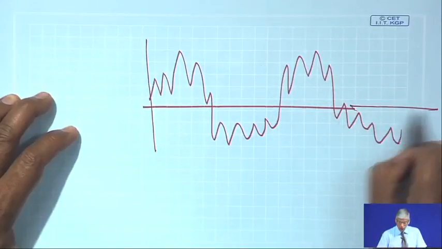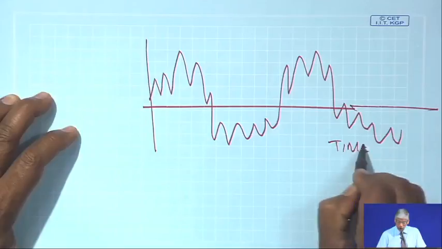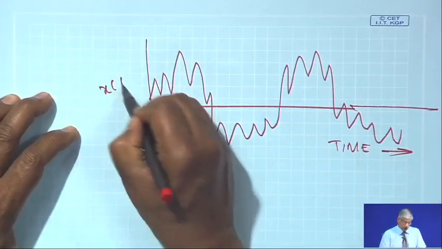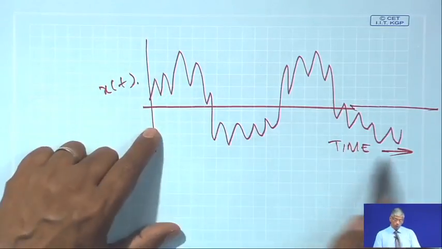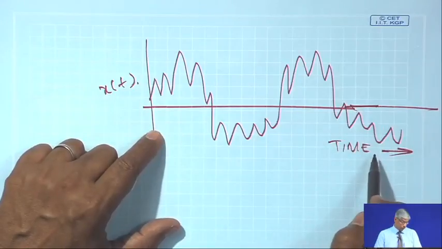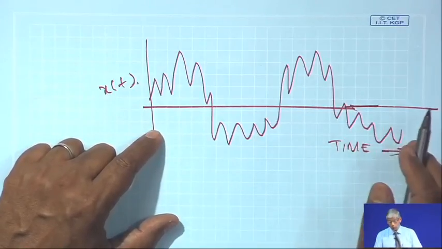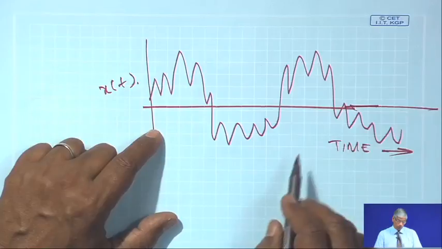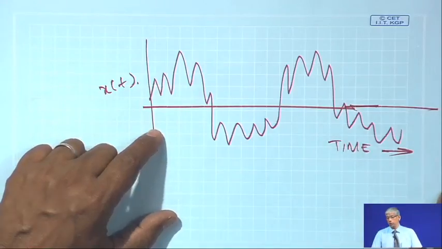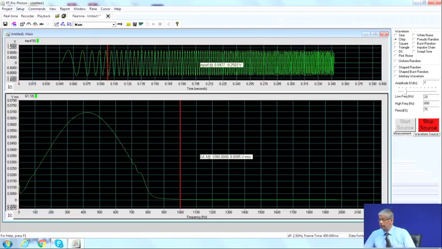This is a real world machinery signal, and later on in the classes you will see that any transducer I put on a machine, I will get such time varying signals. So, we have to do an analysis as to how you find out the frequency content of these signals.